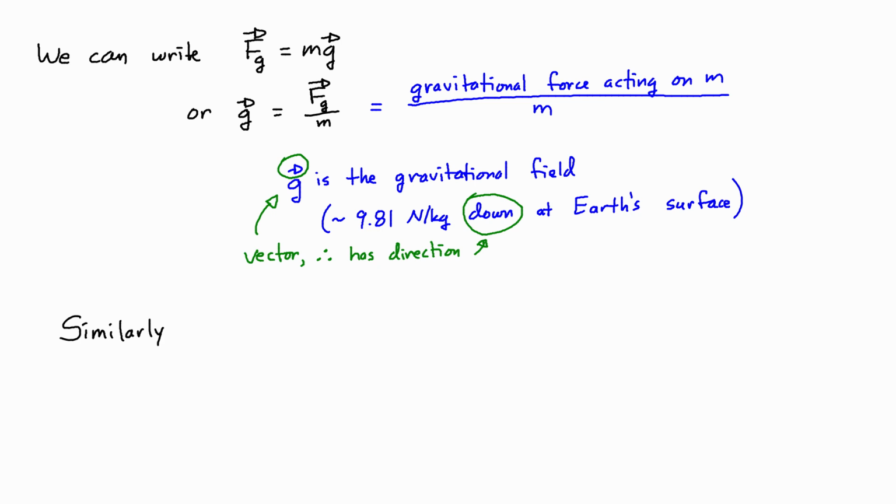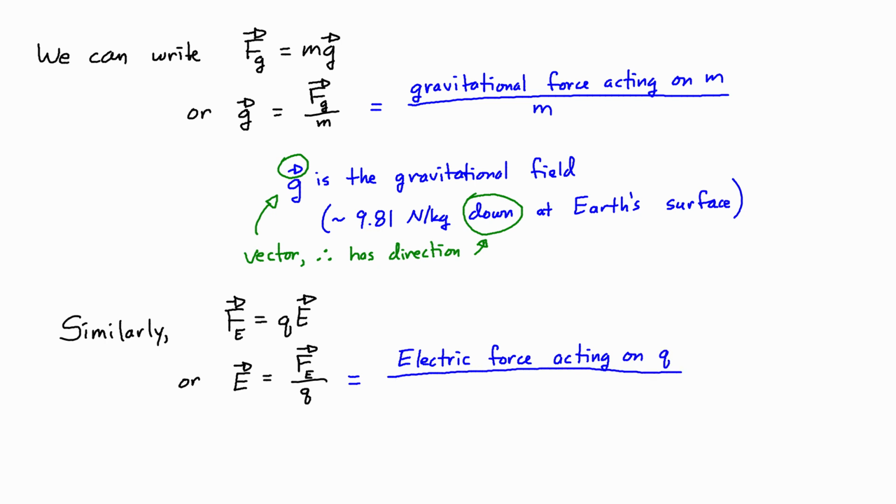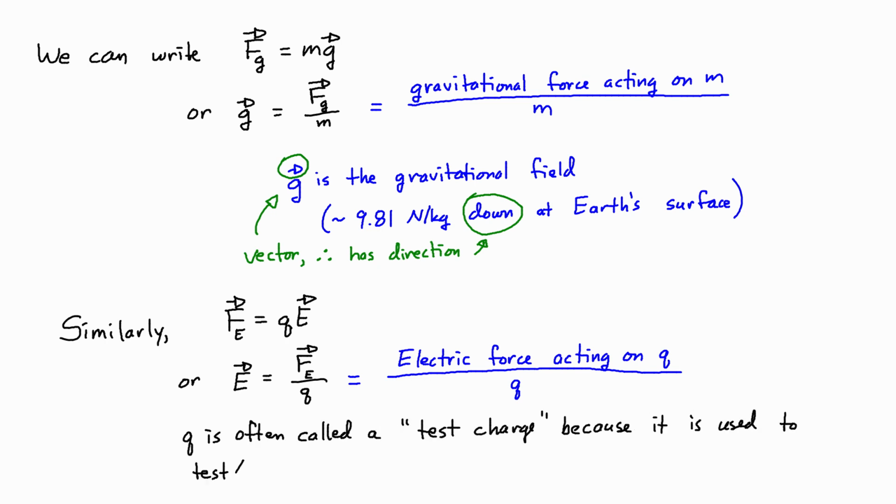Similarly, for the electric force, we can express it as F_e is equal to qE, and then isolate E to get F_e over q, which is the electric force acting on charge q divided by q. In this form, q is often called a test charge because it is used to test or detect the value of E at any point in space.